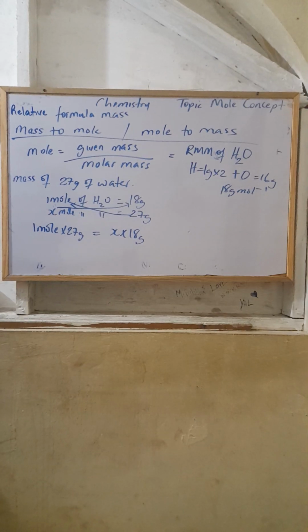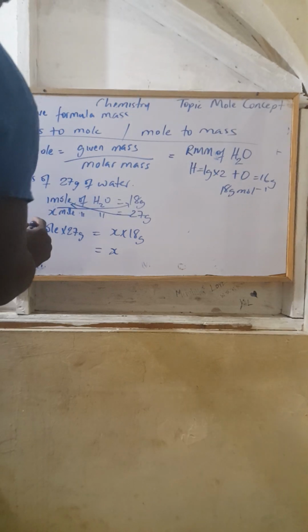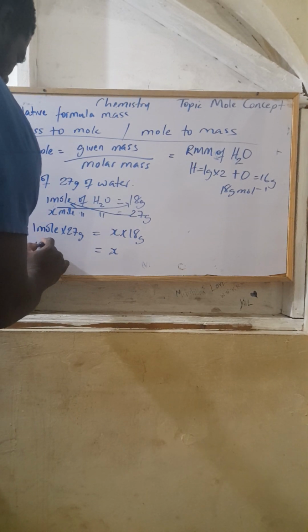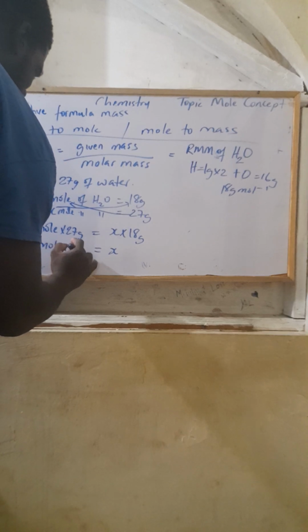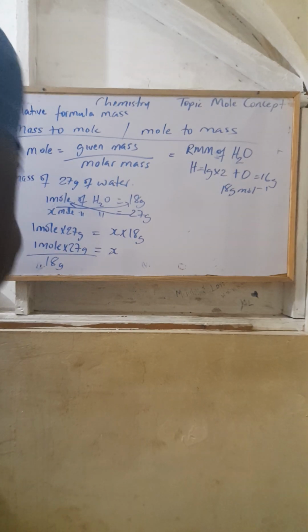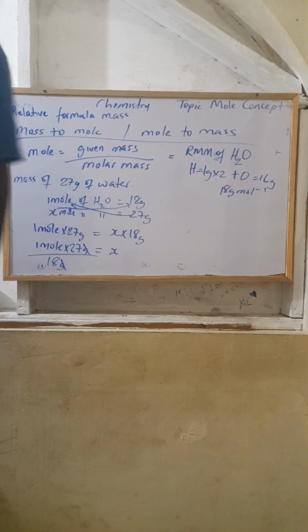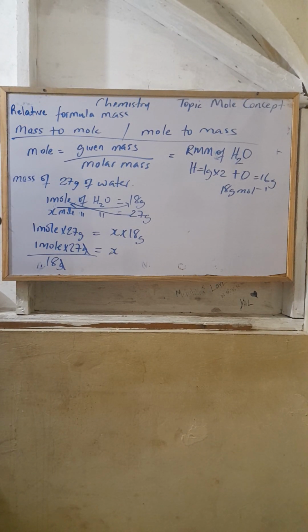All right, so to make X the subject of the formula, it's going to be 1 mole times 27 grams divided by 18 grams. We do the calculation, gram per gram, and then multiply to do the operation.